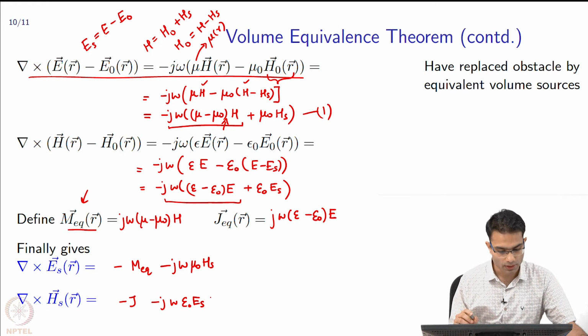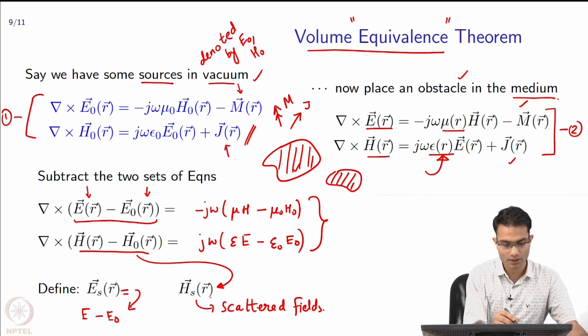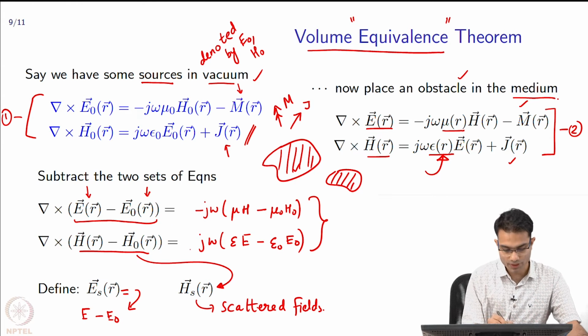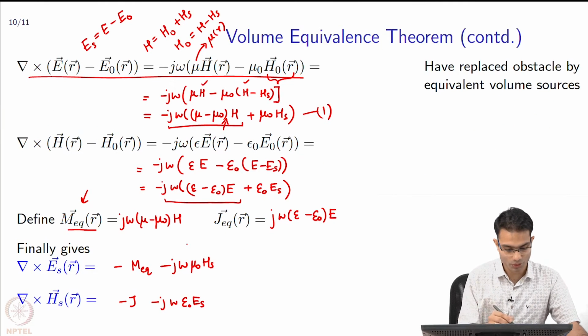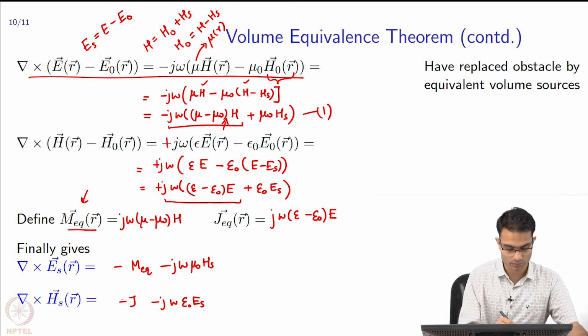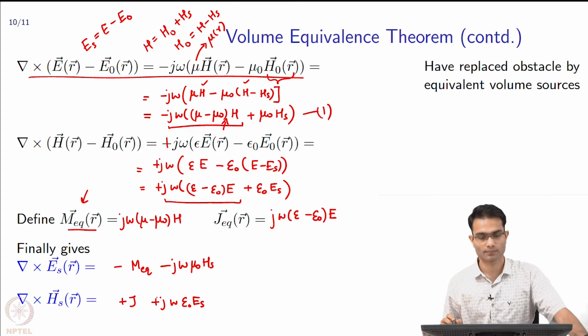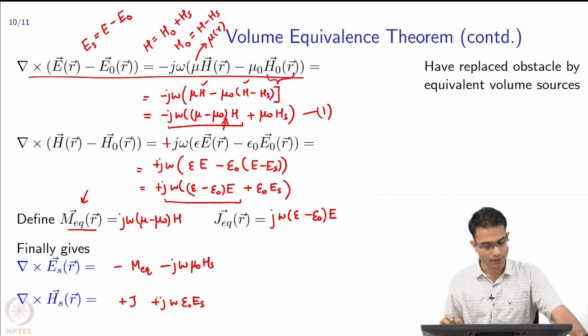So let's see, I have a feeling there's an extra minus sign over here. If I look at these equations, there was a plus sign over here, so there should not be any minus sign, so we'll keep this plus over here. That was a mistake of a minus sign, no problem.